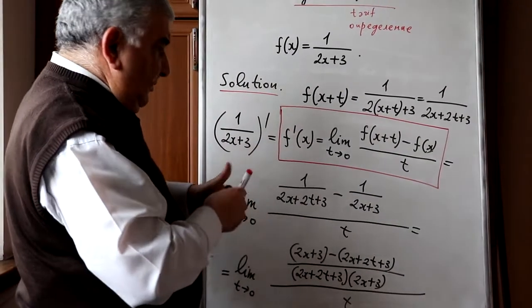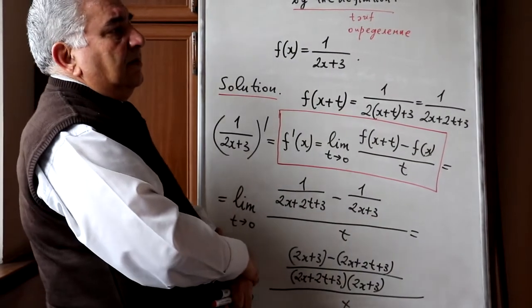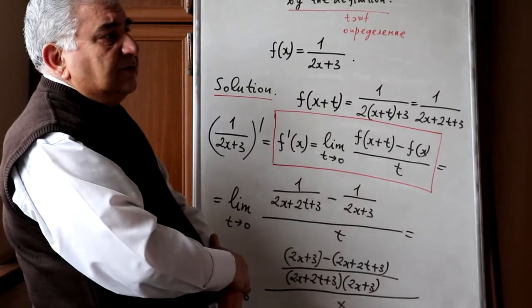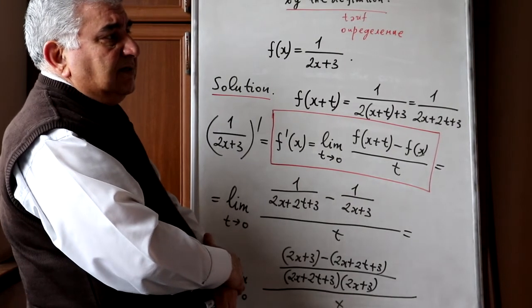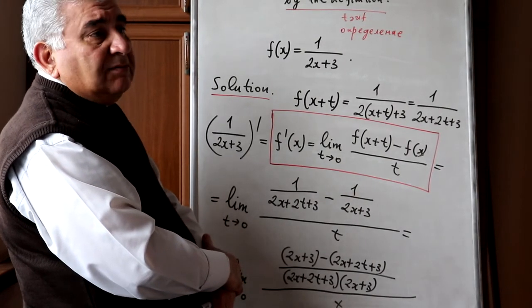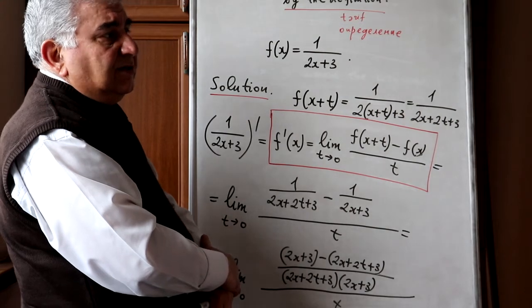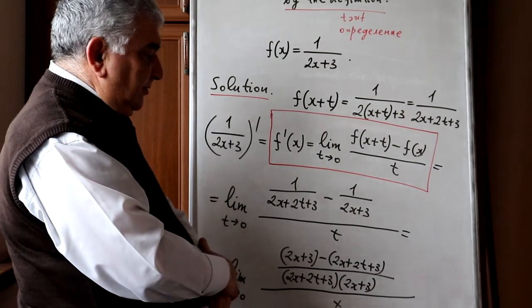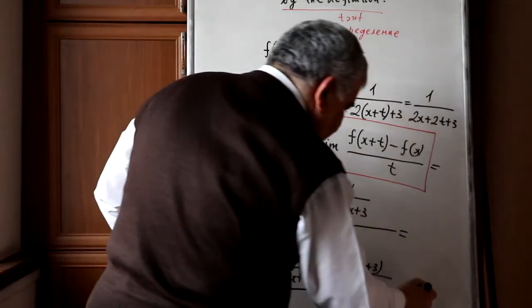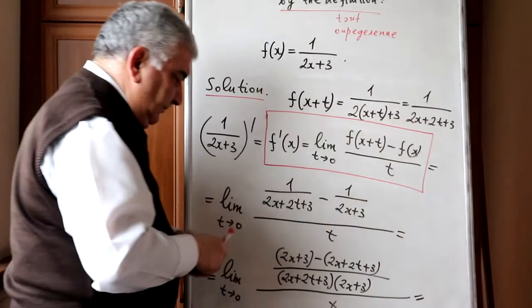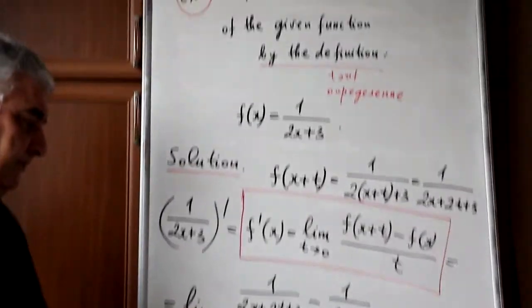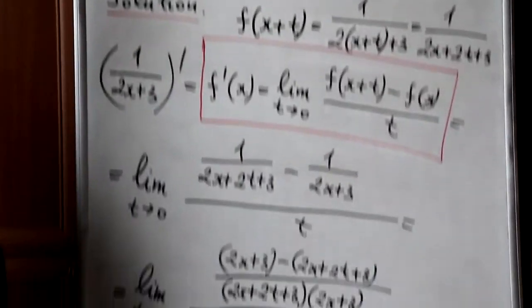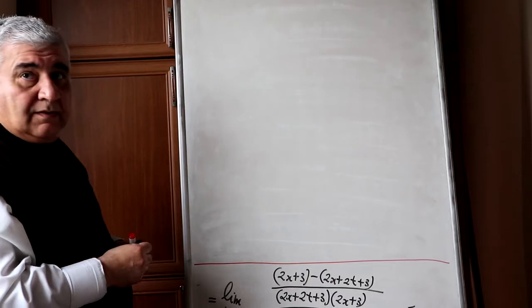The reduction to the common denominator is in Azeri ortaq məxrəcə gətirilmə, in Russian приведение к общему знаменателю. Then continue.